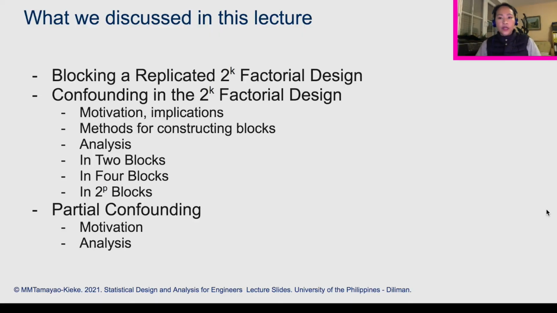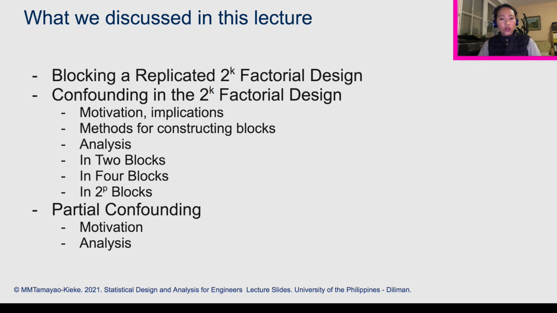So that's the end of our lecture. For this lecture, these are the things that we have discussed. First, we talked about blocking a replicated 2 to the k factorial design. Then we talked about confounding in the 2 to the k factorial design. This discussion included the motivation and the implications of confounding.